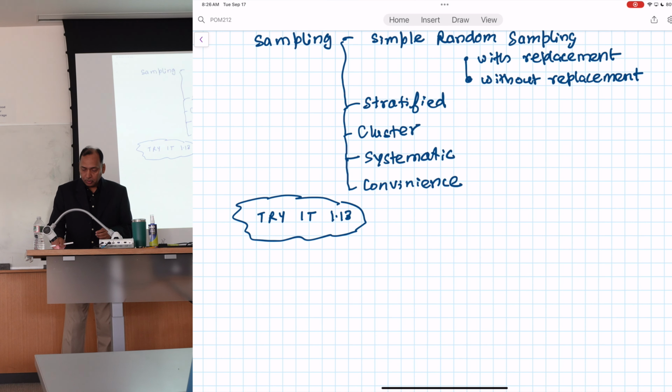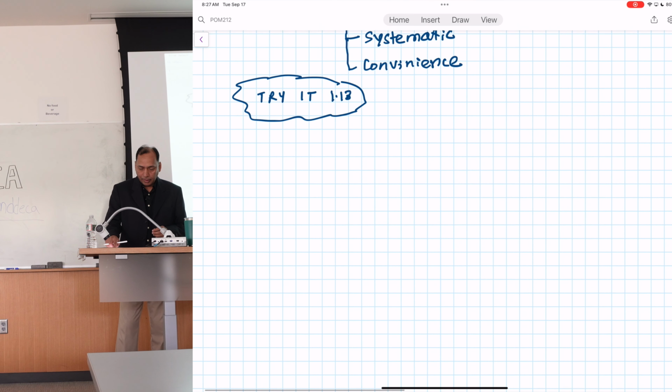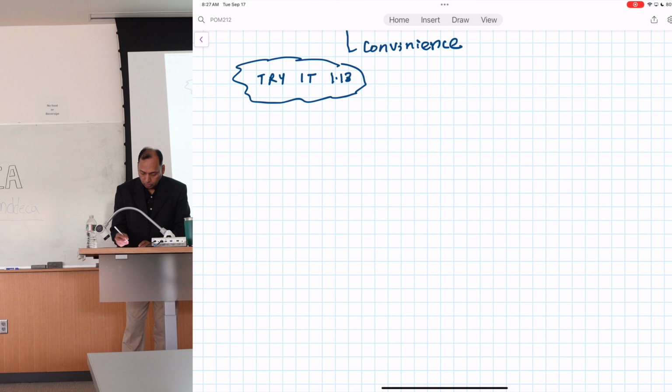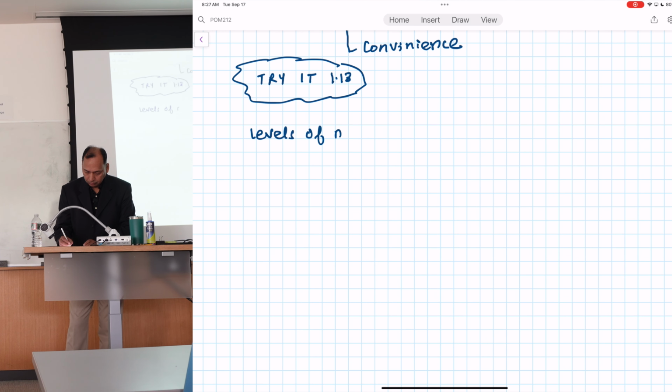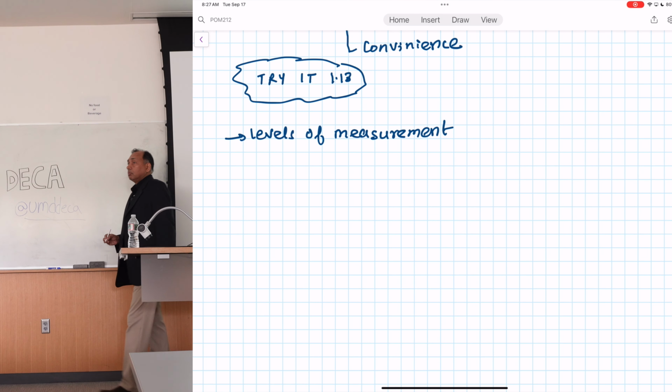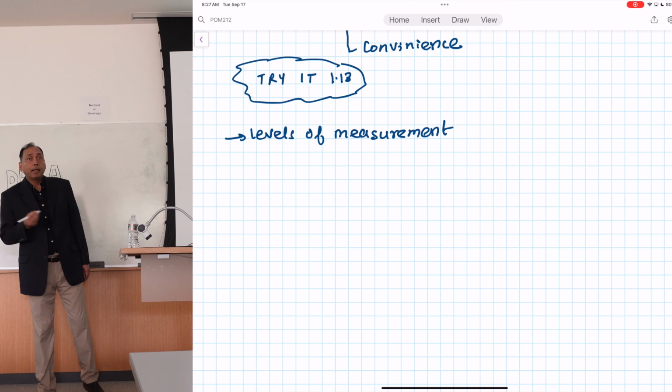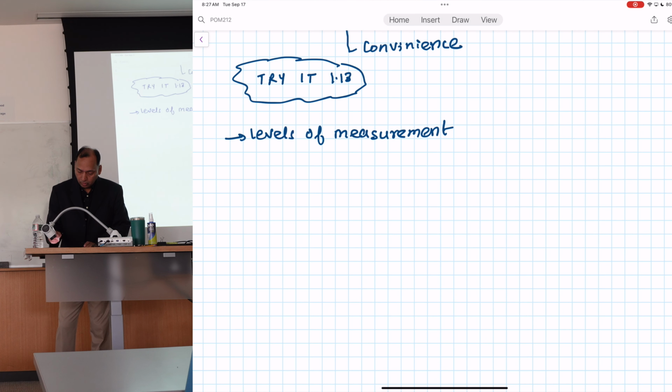So we talked about data and different types and sampling. Let's talk about levels of measurement. Levels of measurement basically indicates what kind of data you have. One is called nominal.